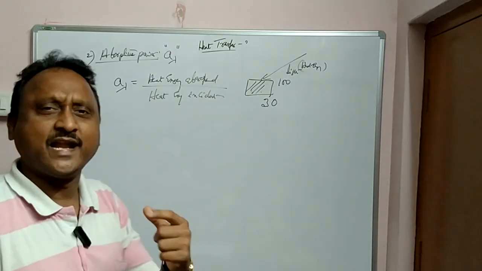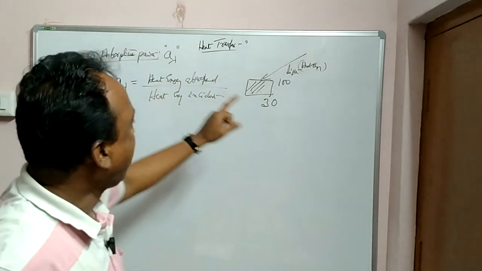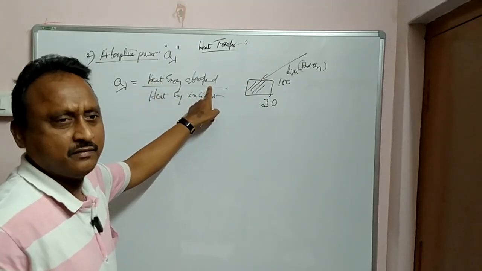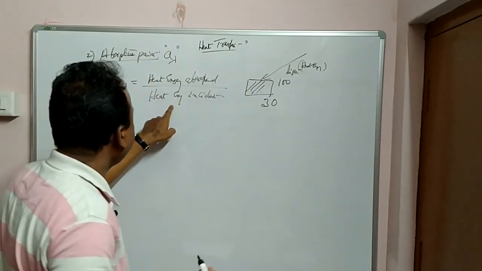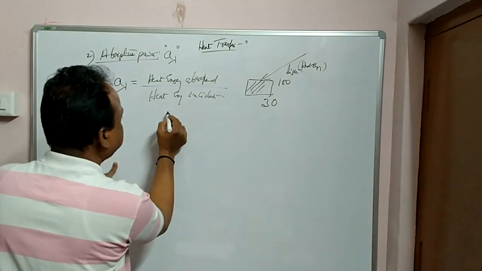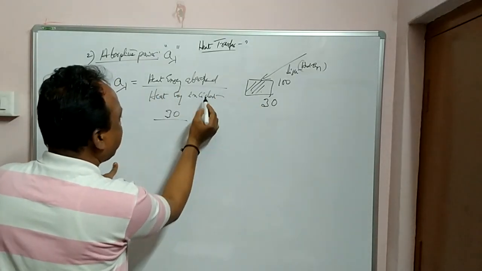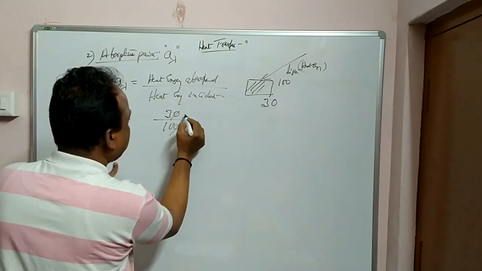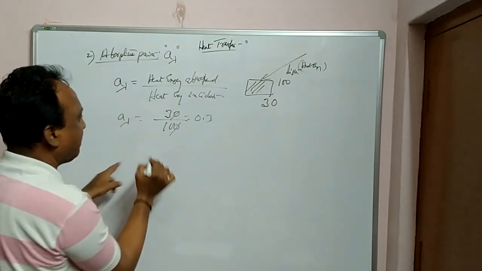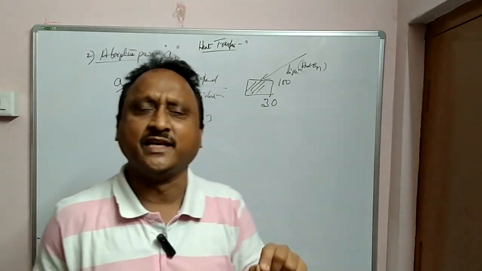So A lambda can be defined as the amount of heat energy absorbed to that of incident. For example, in this case, how much is absorbed? 30. How much is incident? 100. That means 0.3. So what is A lambda, the absorptive power? 3 by 10 or 0.3.